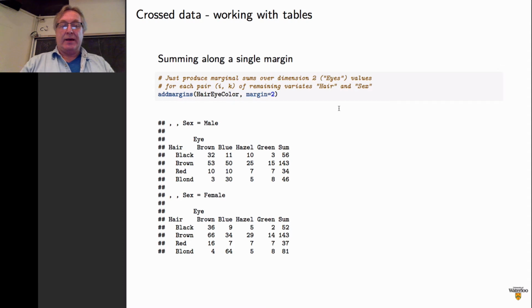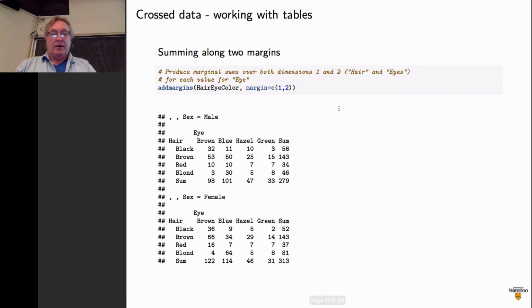Okay, so those are some mechanics. Again, summing over 2 margins, just select the 2 margins that you want to sum over. So I'm summing over the first 2, which is hair and eye color, which is where you see these sums appear in both of these tables, but you don't see that third table of summing over the sex.